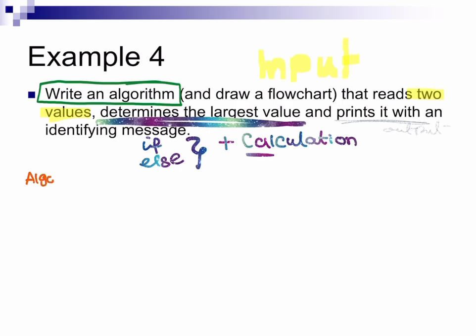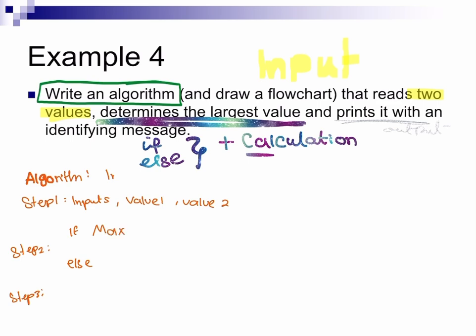In our first step, we're going to have our inputs, which are value 1 and value 2. Next, we have our if else statement containing the calculations that we will need. In our if situation, we're going to say that the maximum number, or the bigger number, is value 1.